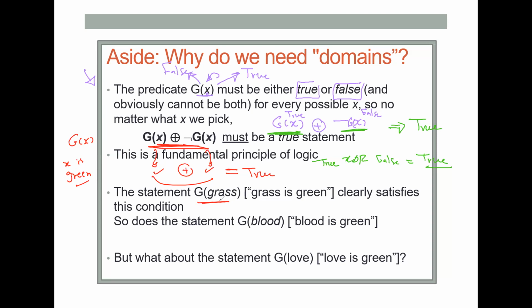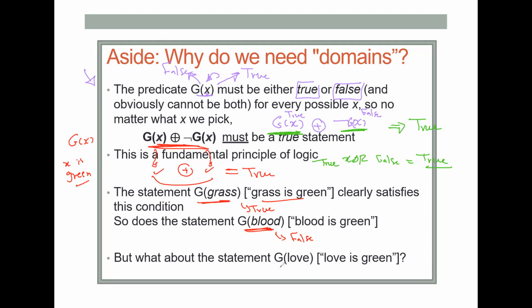Now, G of grass, and grass is green, is calculated to be true. G of blood, and blood is not green, will be calculated to be false. It was very easy and correct because grass has a color and blood has a color.